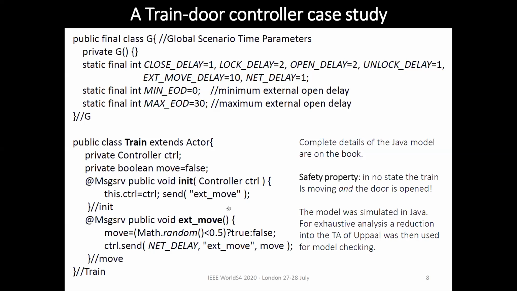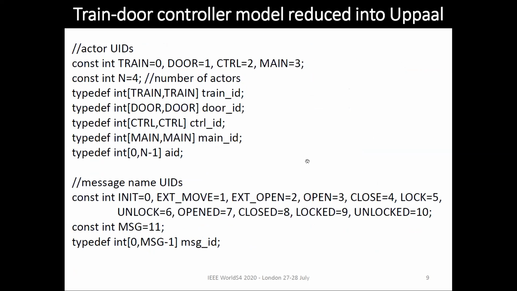This must be checked before we build the software system which is in control of the physical system. Now, in order to make exhaustive model checking of this system, we have modeled the train door also in Maude. In this slide, you can see the priorities, which are the unique identifiers we associated to the actors and also to the message names.